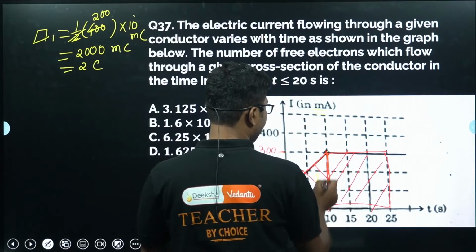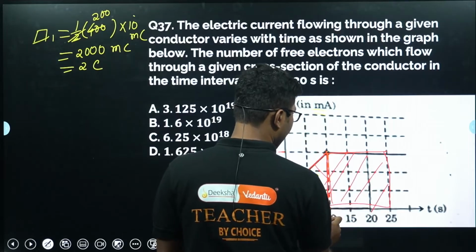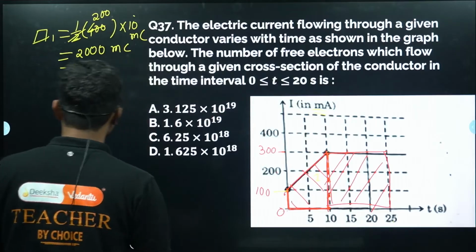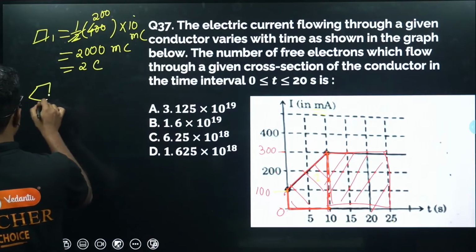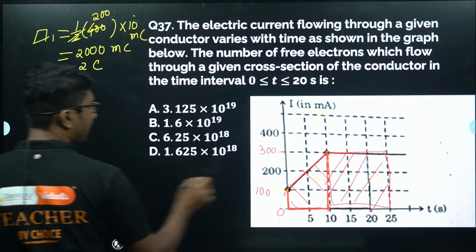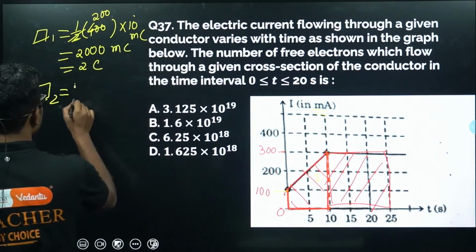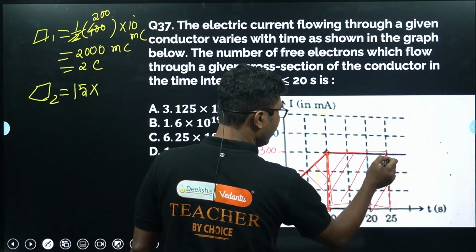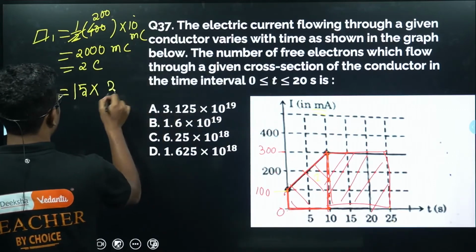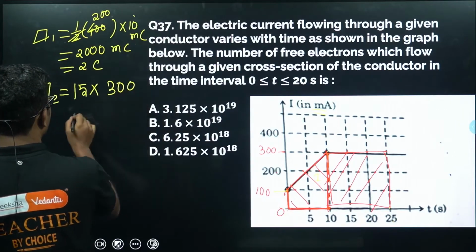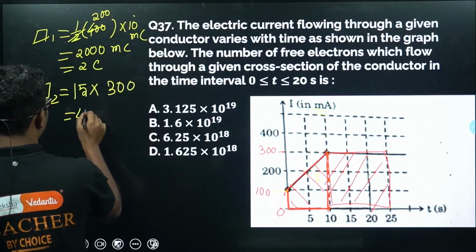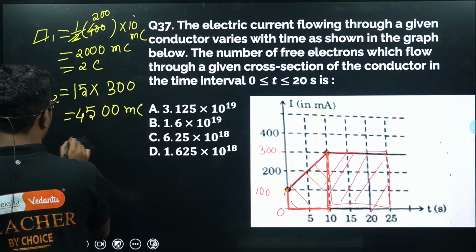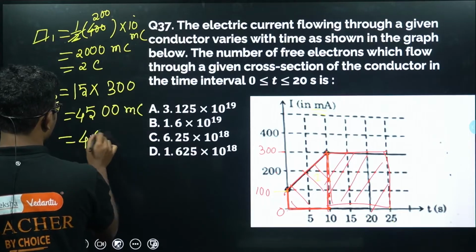Now let's find the area of this. This one is 10 to 25, that is, the difference is 15. So the area of rectangle 2 is given by 15 times, what is the difference? 0 to 300, right? So it will be 4500 millicoulomb or 4.5 coulomb.